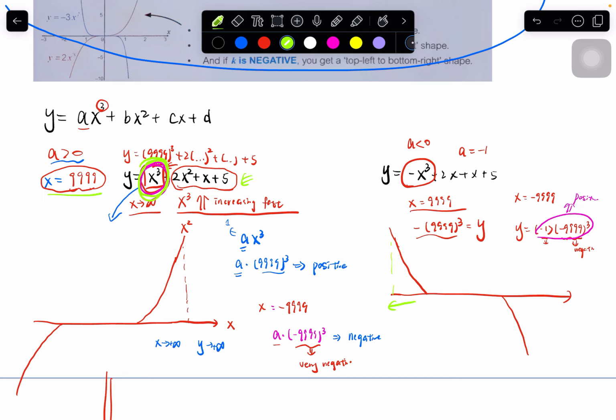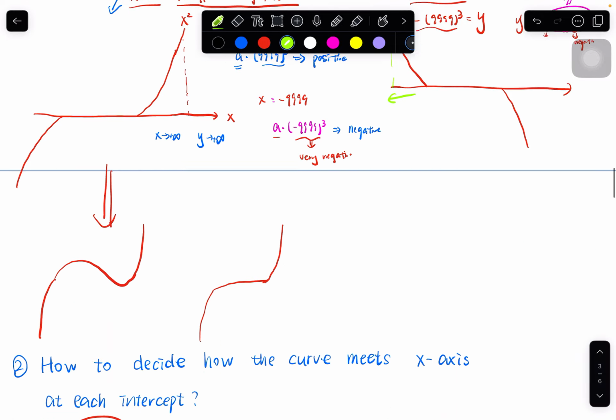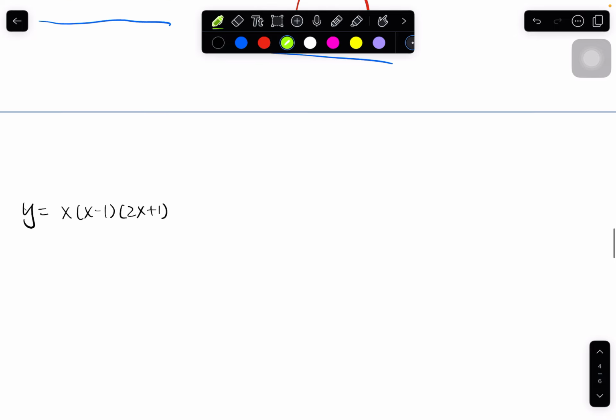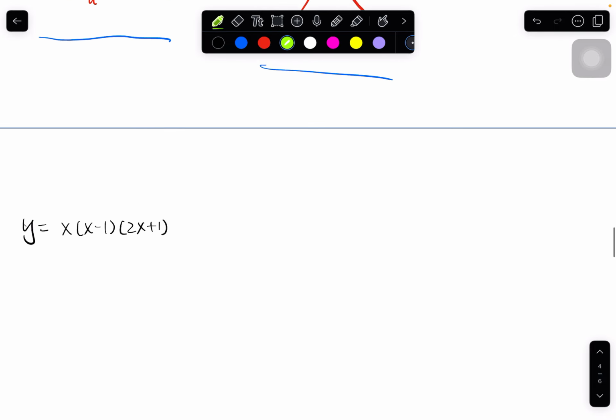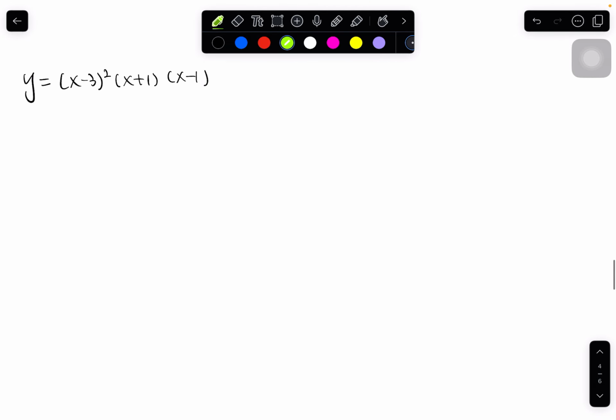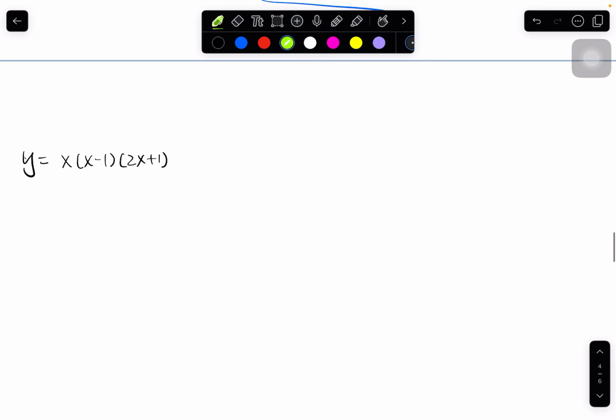Also, you can decide when the highest power of x is 5, and when the highest power of x is 6, and even 100. Okay, so let's just think about some interesting questions. I have 3 examples. So each example represents a different curve.